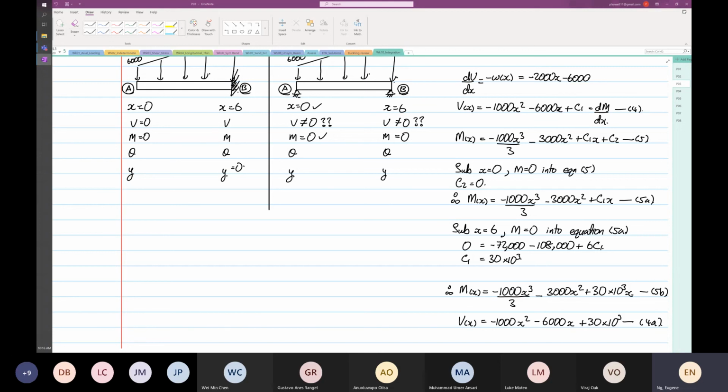If you don't use the integration method and use the superpositioning method instead, I'm not going to show you that, but you can try. It will be very much longer. Why?